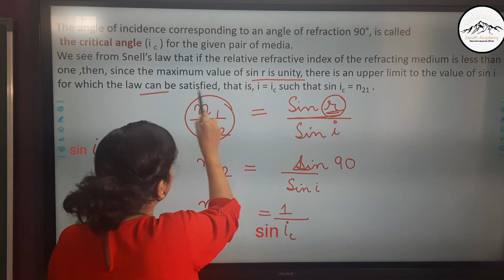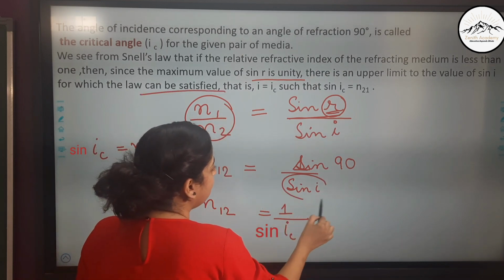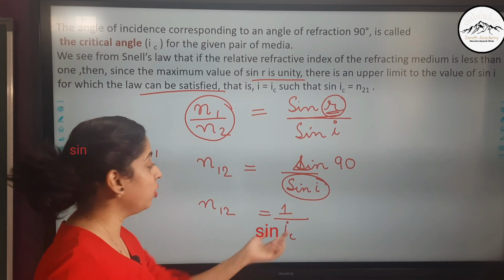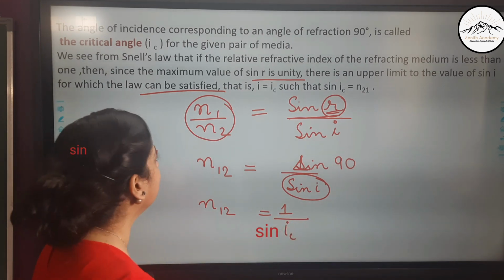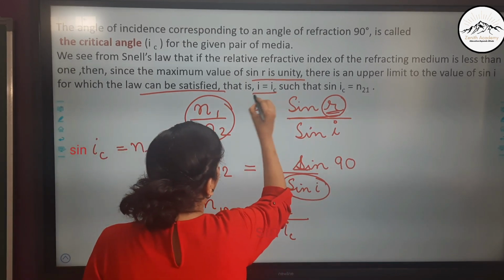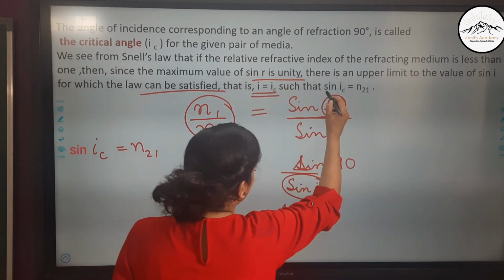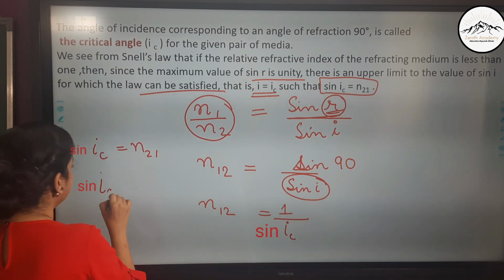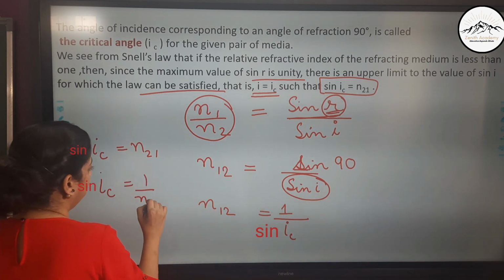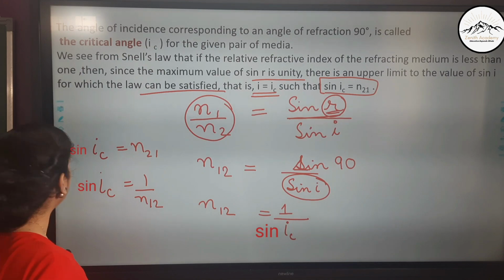So for the law to be satisfied, the angle of incidence has to be critical angle, such that i is equal to critical angle, such that sin ic is n21, or ic is 1 upon n12.